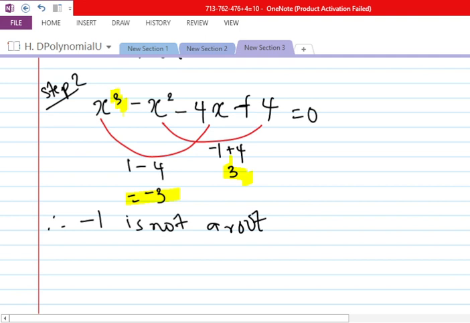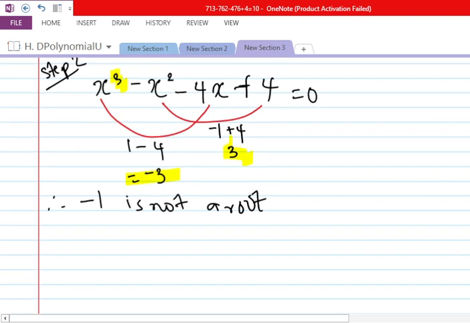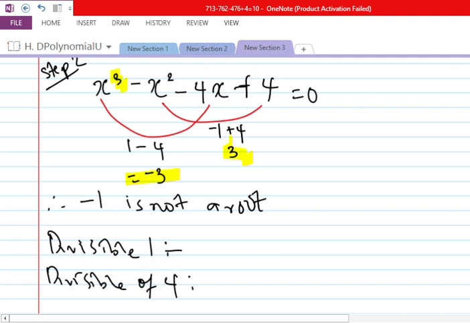The first coefficient is 1, the last coefficient is 4. The 4 will be the P value, whereas the 1 will be the Q value.